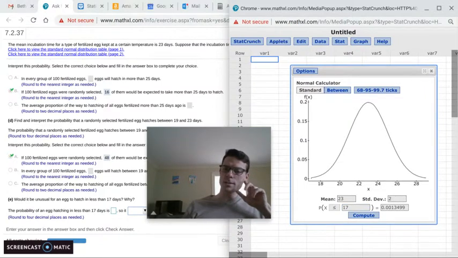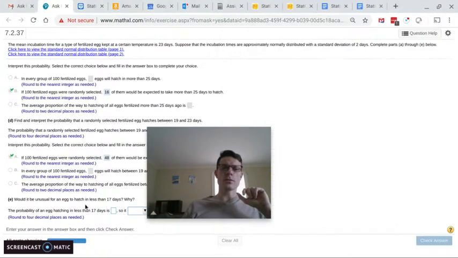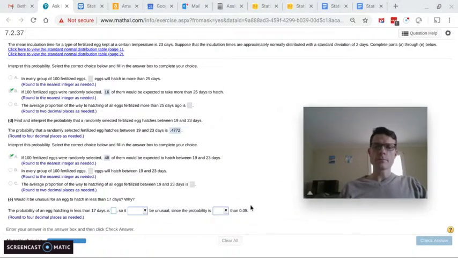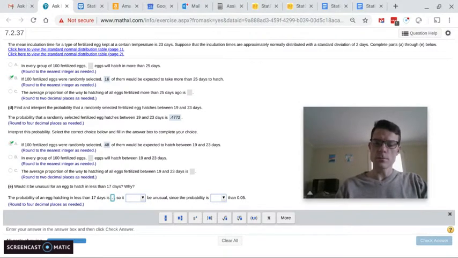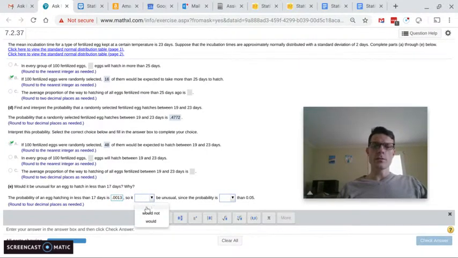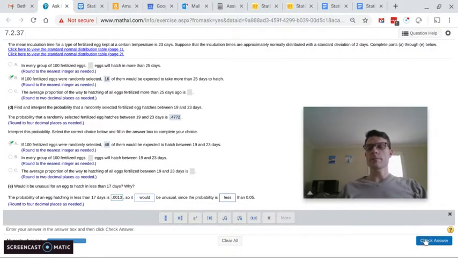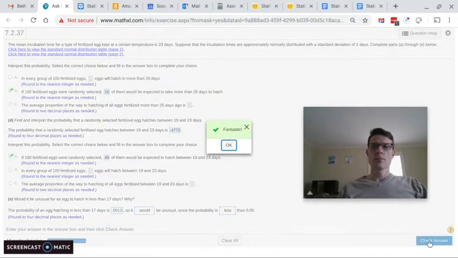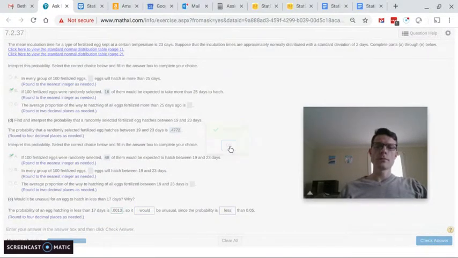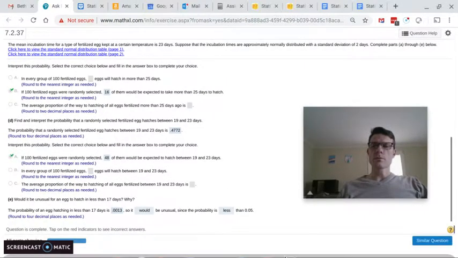Oh yeah, that's less than 1%. So 0.0013 if we're rounding to 4 digits. So it would be unusual since the probability is less than 5%. That would be extremely rare. Okay, a lot of parts to that question. So I hope that helps.